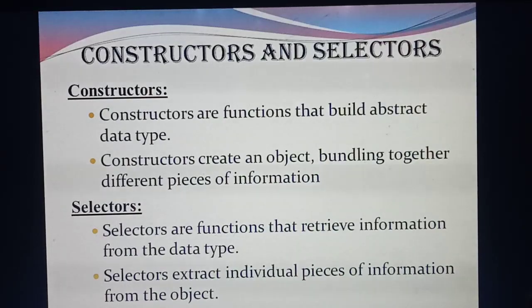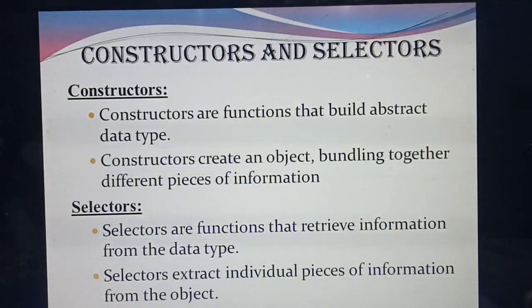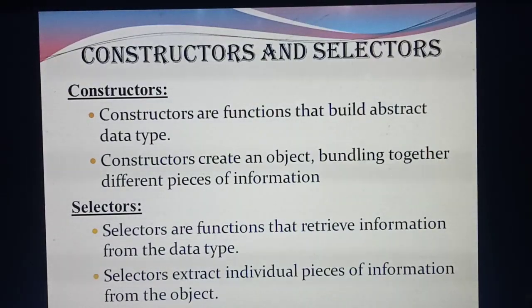Selectors are just the opposite of constructors. Selectors will retrieve information. What do you mean by retrieve? Getting or taking information you have already created using constructors. Constructors build or bundle a group of information, but selectors take only individual, separate pieces of information.